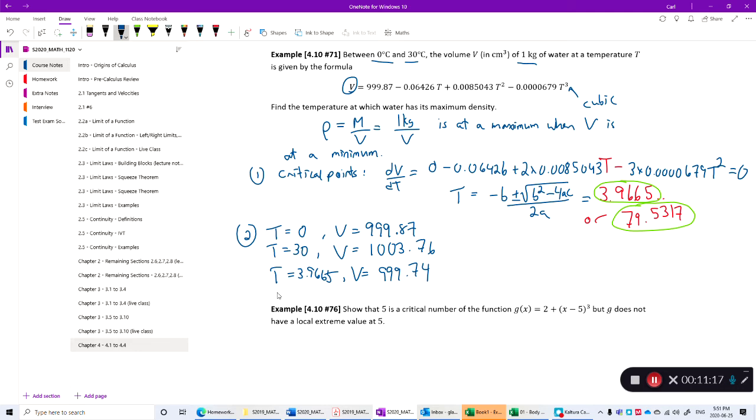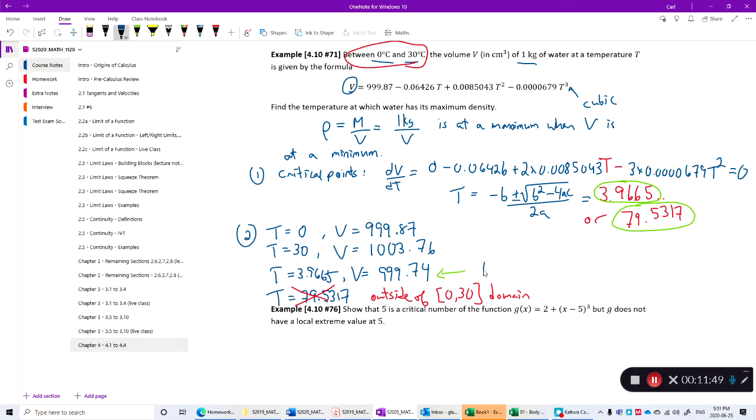What about the last one, t equals 79.5317? I'm going to neglect that one because it's outside of the 0 to 30 domain. This function is only accurate between 0 and 30. So the minimum volume is this one, which is slightly smaller.